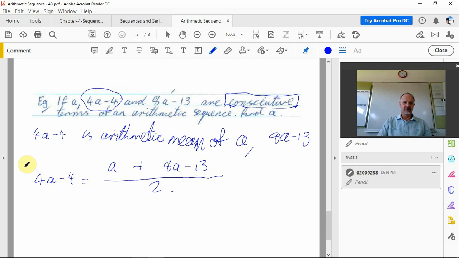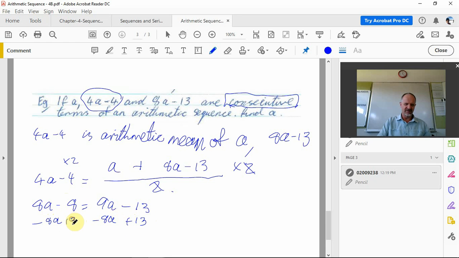All right, so what I'm going to do is times both sides by 2 and get through to those two, and I'm going to collect my like terms here as well. This side I've got 8A minus 8, and then I've got 9A minus 13 there, and then let's at the same time, so what I'm going to do is take 8A from both sides, and I'm going to add 13 to both sides at the same time.